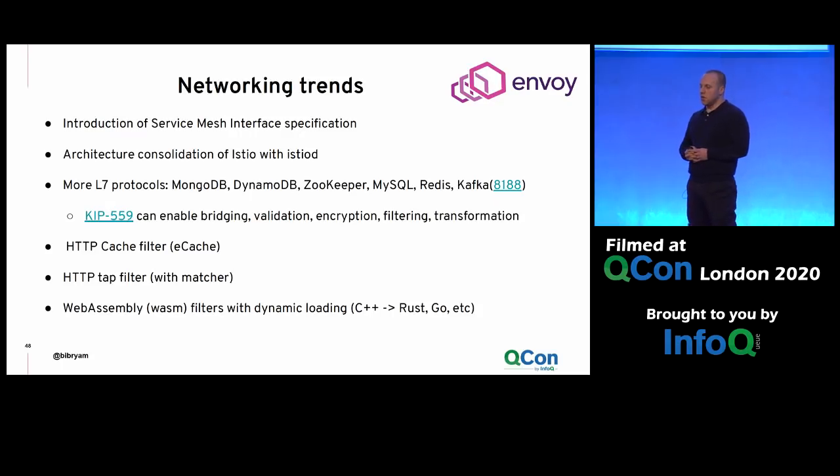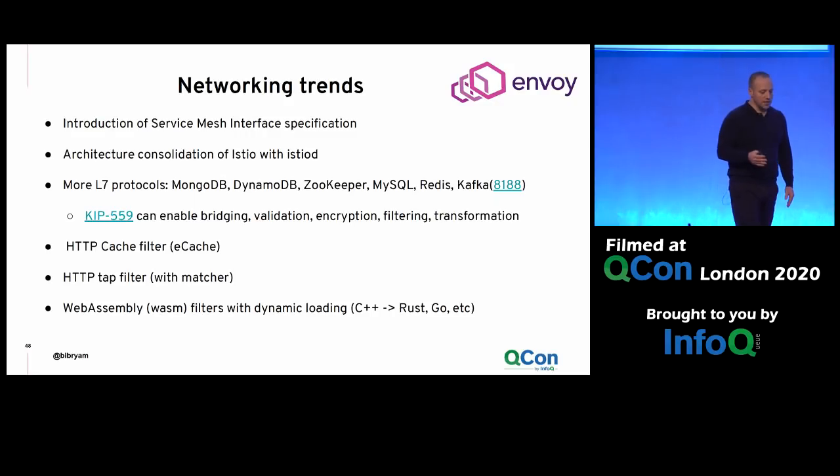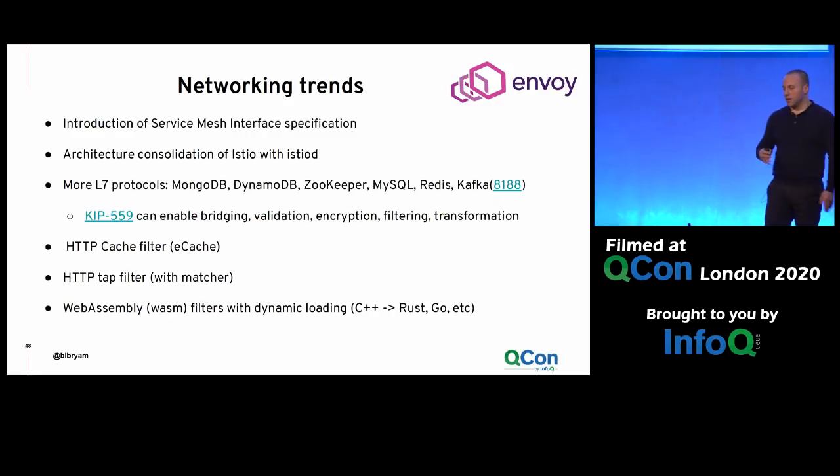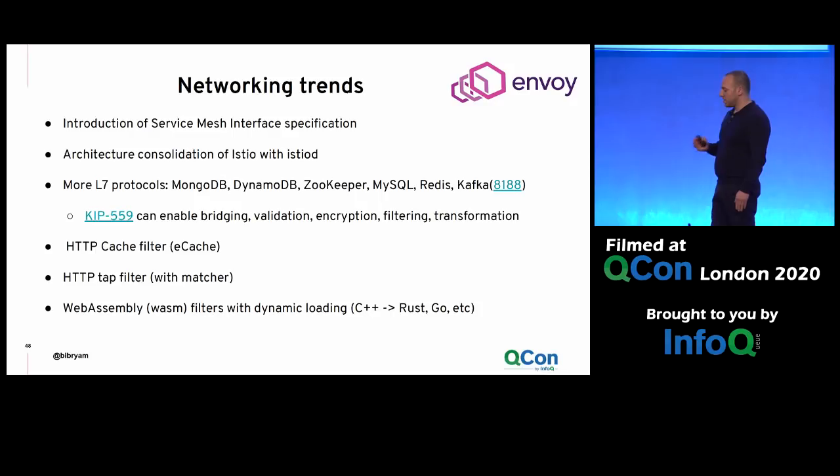So we see that more and more layer 7 protocols are added to Envoy. Service mesh is adding support for more protocols such as MongoDB, Zookeeper, MySQL, Redis, and the most recent one is Kafka. And I see that the Kafka community is now further improving their protocol to make it friendlier for service meshes.